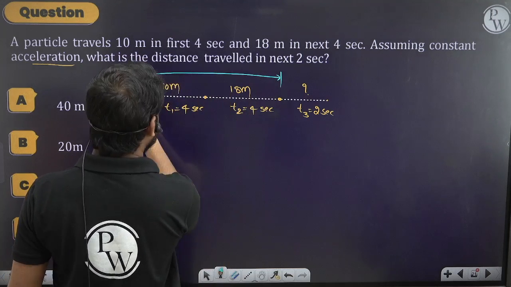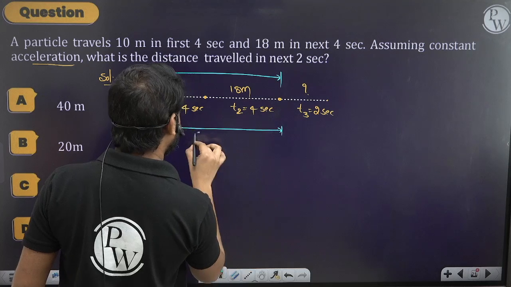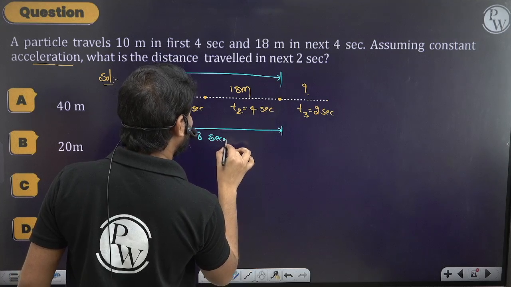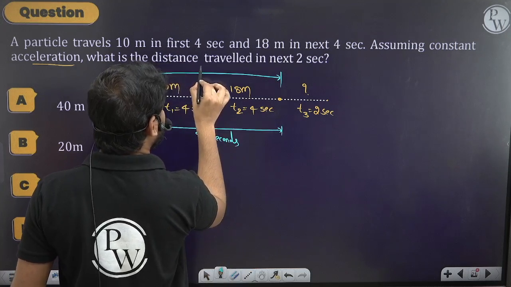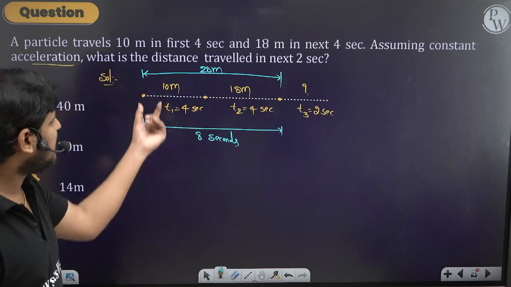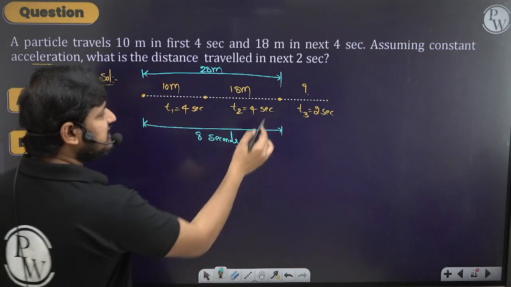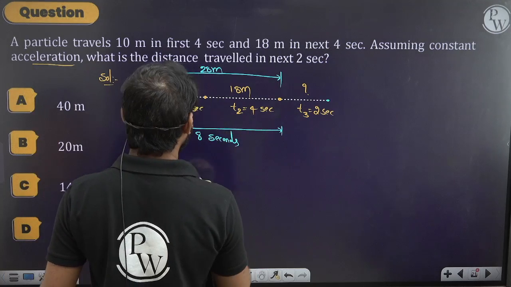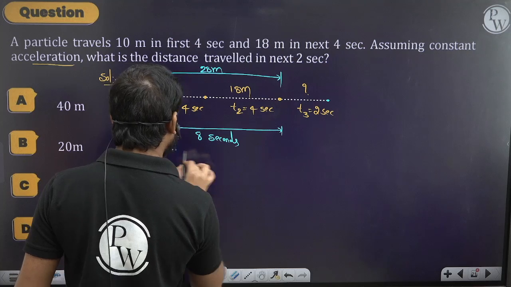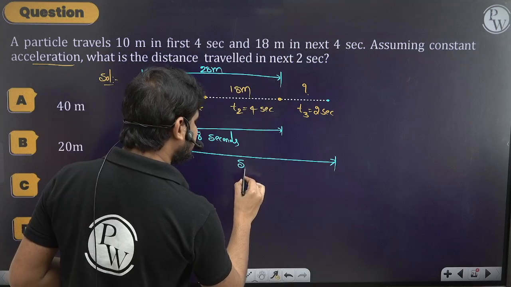That means in the first 8 seconds the body has covered 28 meters, 18 plus 10. Now I need it in the next 2 seconds. So what I will do is find the distance traveled in the 10 seconds.